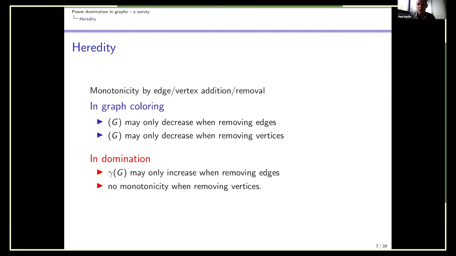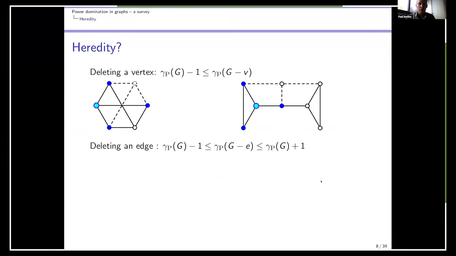But when you remove vertices, you can remove a vertex which was forcing you to use a new special vertex to dominate. So you can decrease the domination number of the graph, but you can also increase it if you remove a vertex which was very tactical to put in the set. So power domination is even worse compared to this.